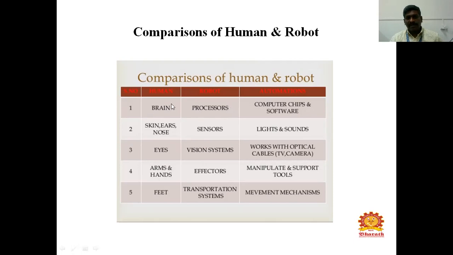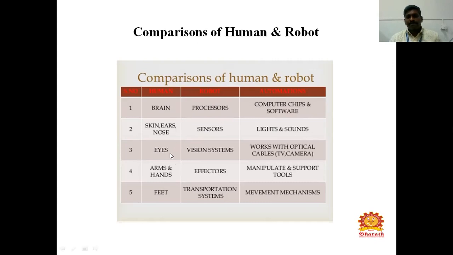The brain processes data and does a task, and the processor does the same. Automation uses computer chips and software. Skin, ear, and nose are the human sensors; here we use sensors. Lighting and sound are used in automation.